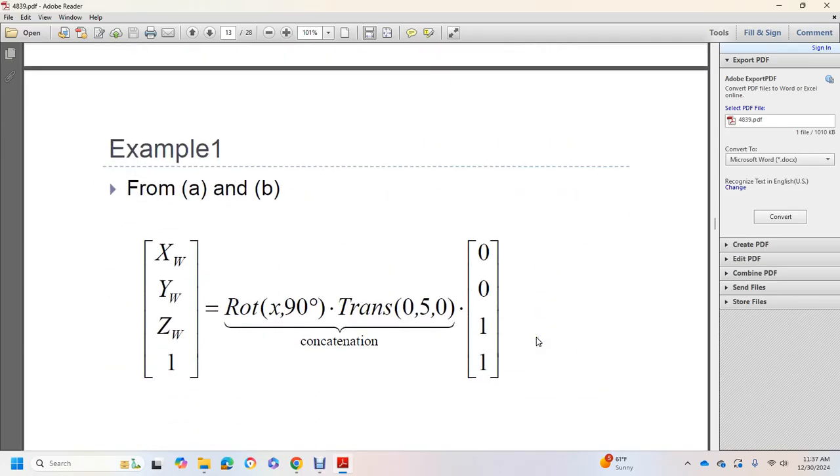From examples A and B, we have X, Y, and Z world coordinates rotated about X by 90 degrees, translated by 0, 5, 0, and condensed into a single matrix.